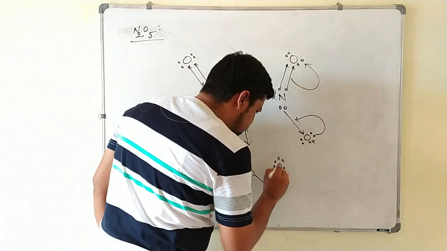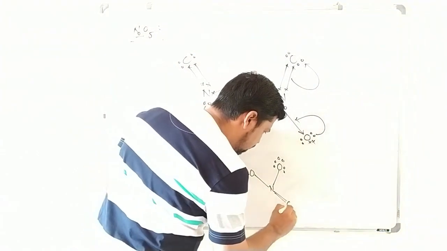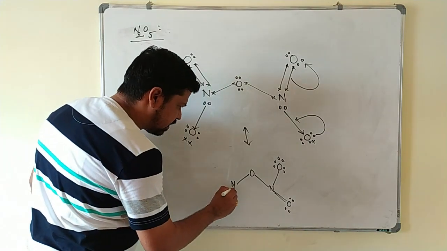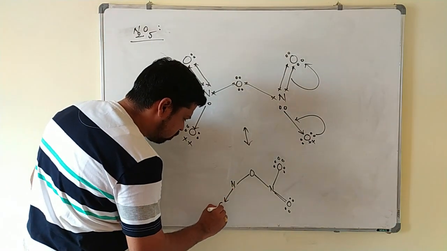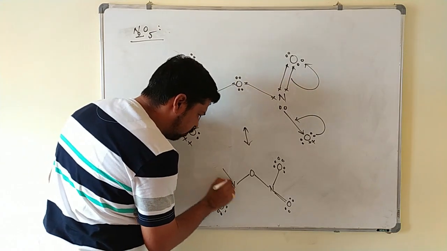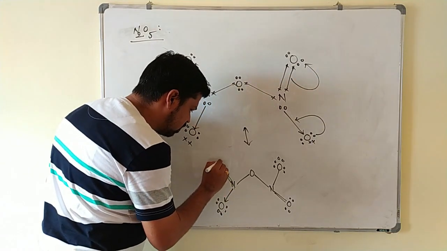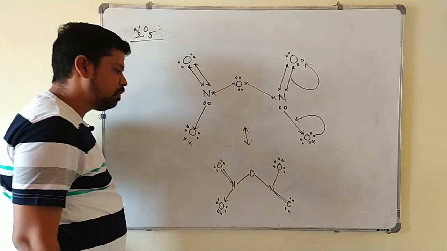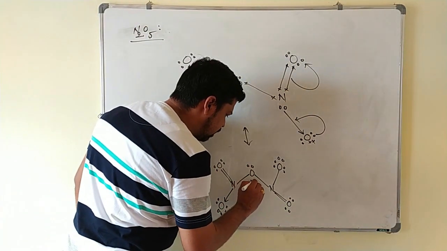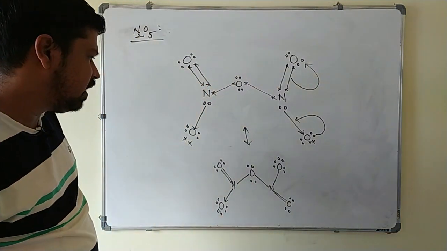You will get a double bond here, oxygen and oxygen. Next, this is as it is; you write this oxygen with 6 electrons, and you form a double bond with another oxygen here, and 2 pairs of electrons you have to write here. And this oxygen again has 2 lone pairs of electrons.